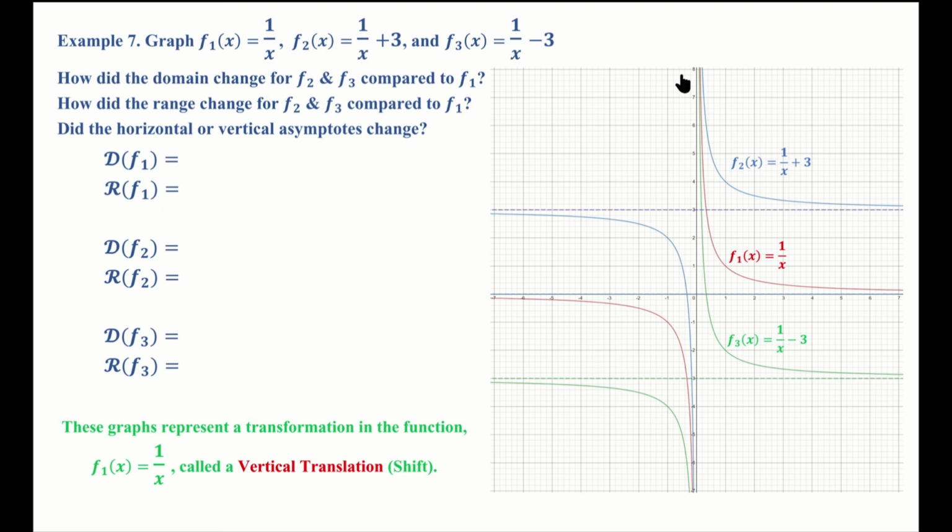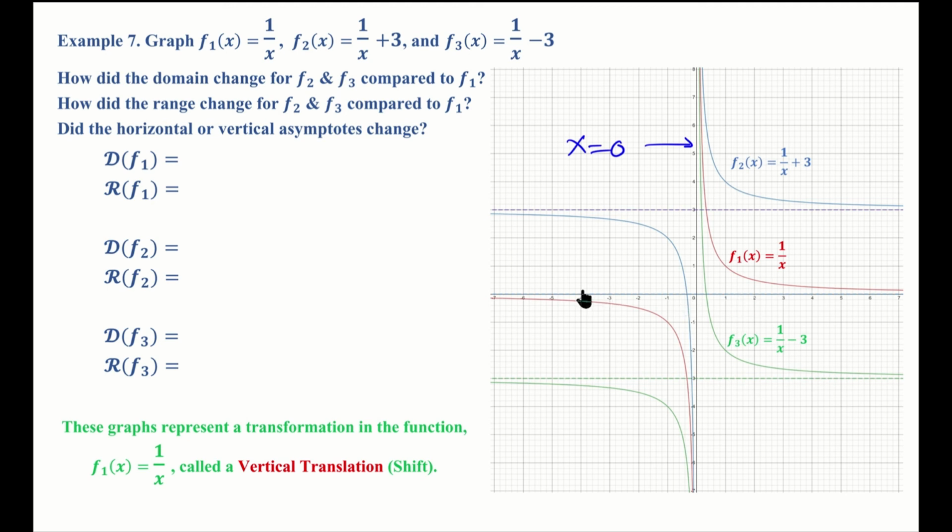So notice that the vertical asymptote is the same for all 3 of these functions, and it's the y-axis, which is also known as x equals 0. Now, just as the blue graph with expression f2 of x equals 1 over x plus 3 was moved up 3 units, so did its asymptote.